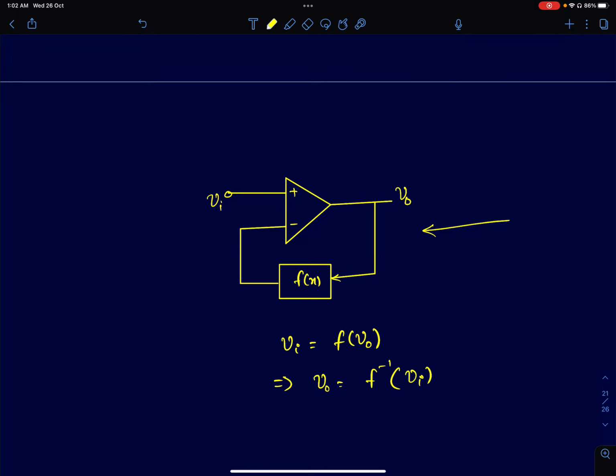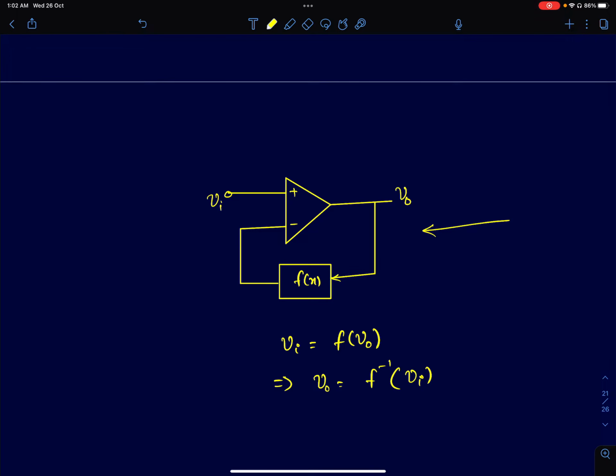I said that a very interesting property of negative feedback amplifiers is the ability to invert mathematical functions. Of course, when I say ability to invert, those functions have to be invertible. That's the condition needed. Otherwise, we can still invert them, but answers may not be accurate.